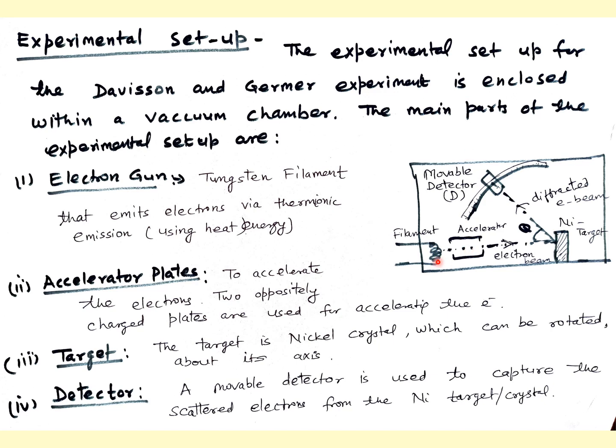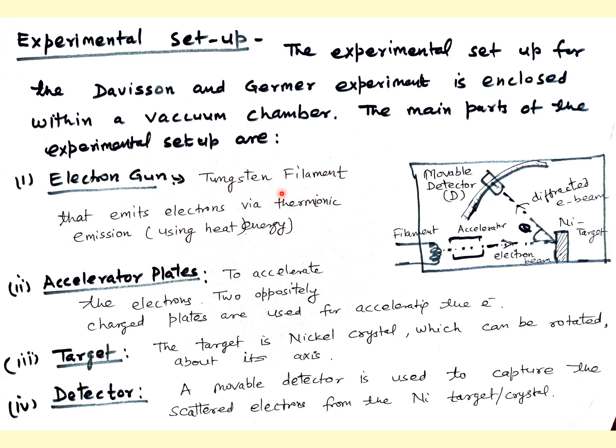So this is the experimental arrangement. In a vacuum chamber, there is an electron gun or filament and one accelerating plate, and there is a nickel foil or nickel target, and there is a detector which can detect these electrons.